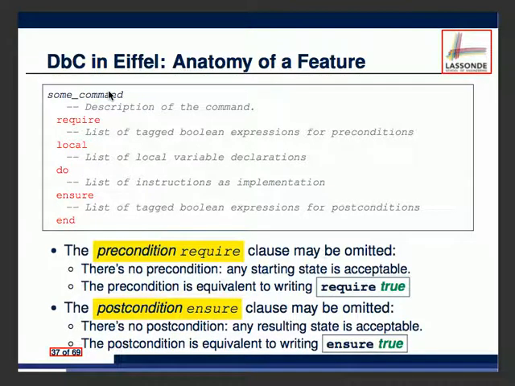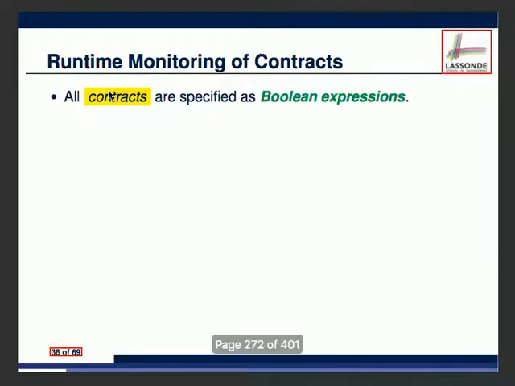Good. Okay, so now what I want to do is I want to go over certain rules over here. Runtime monitoring of contracts. So before, the way we understand contracts are by thinking how the exceptions or how the assertions are going to fail or are going to occur. But now we're going to just clean it up. So we have no more exceptions, no more assertion, no more try and catch.